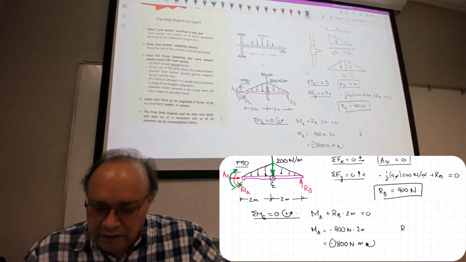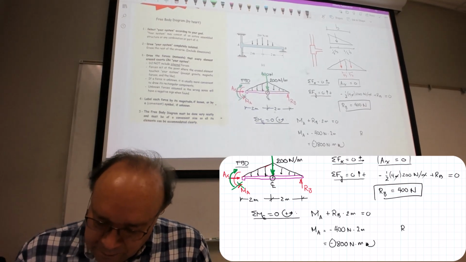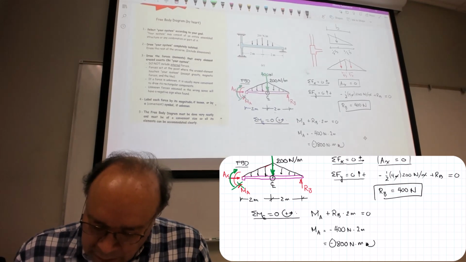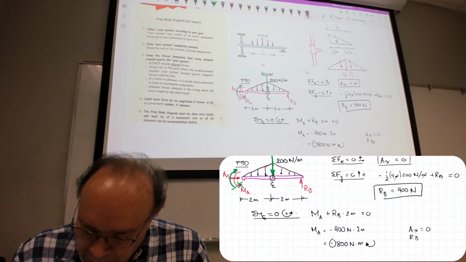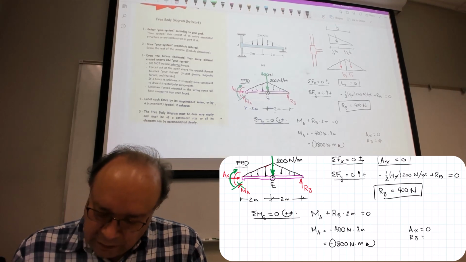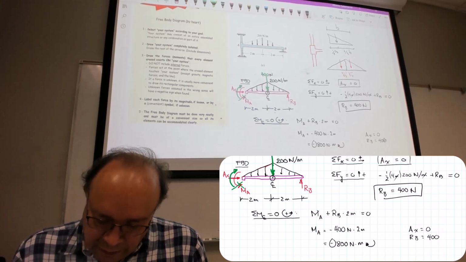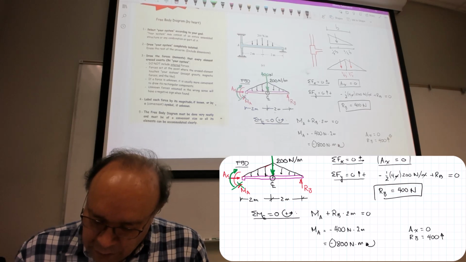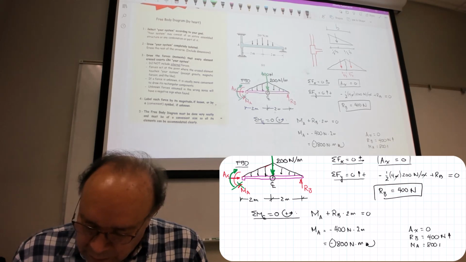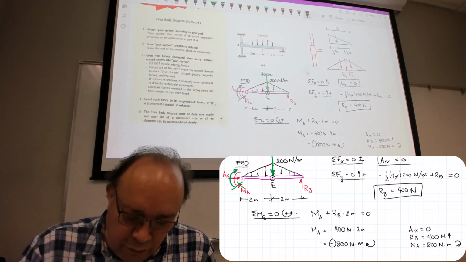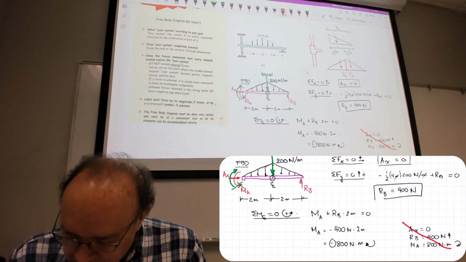So the final result will be Ax equals 0, Rb equals 400 newtons going up, and moment at A equals 800 newton meters in this direction. You can put that, or you can put clockwise.